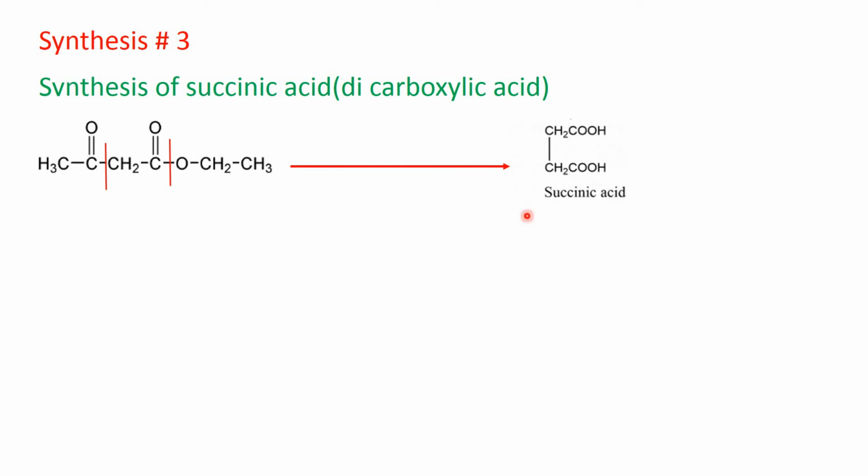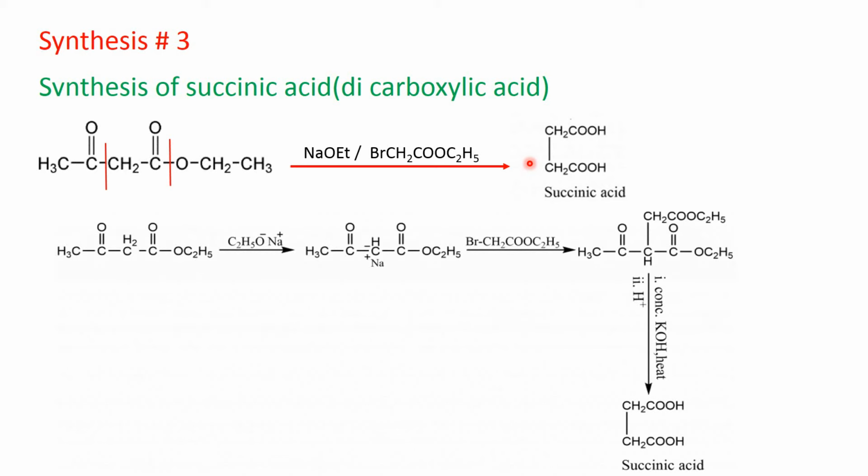Either you can take the alpha halo ester, so that this CH2 group will be introduced here, or you can use 2 molecules of ethyl acetoacetate. Now let's see. First of all, you have to make the carbanion and treat it with this alpha halo ester, and then followed by your hydrolysis, which is concentrated alkali.